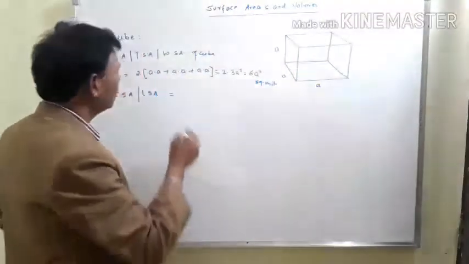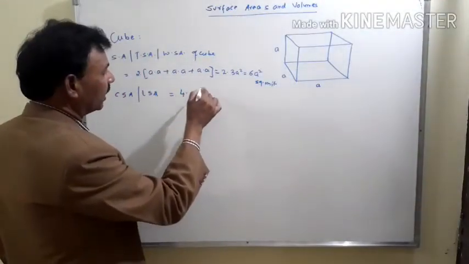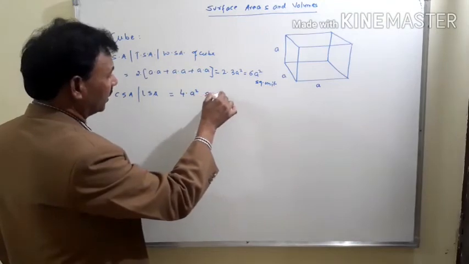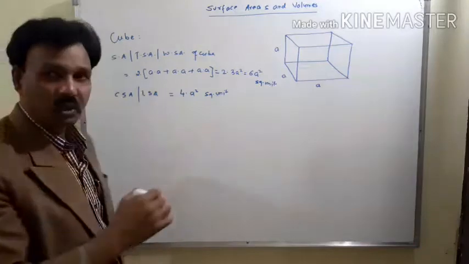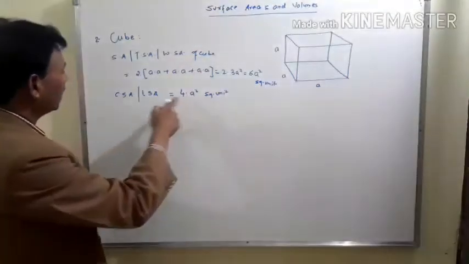Then this will be 4 into A square unit. This is the area of only 4 faces, top and bottom left out, and this area is known as CSA or LSA.